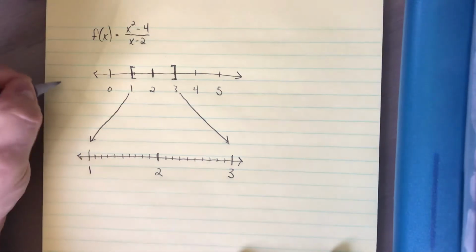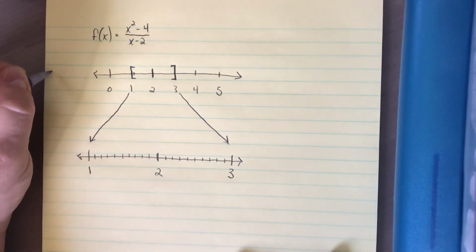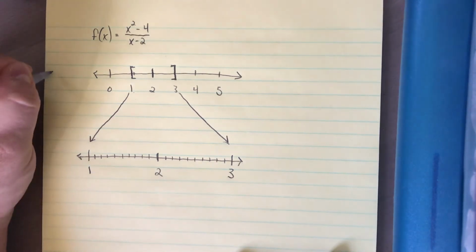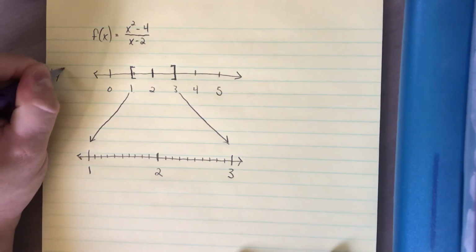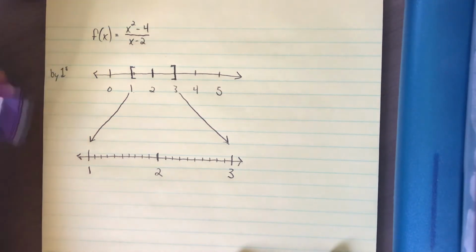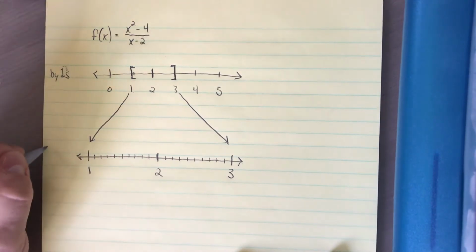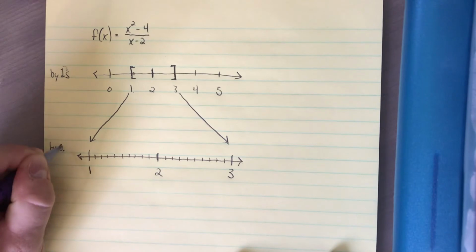So on this first number line, we're looking at whole numbers. We're looking at counting by ones. Down here, all the tick marks are going by 0.1.